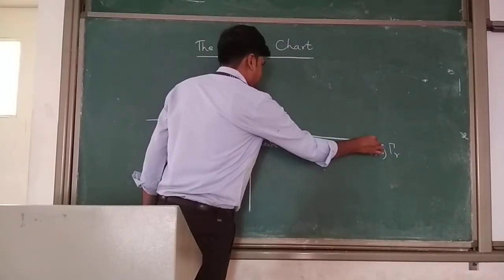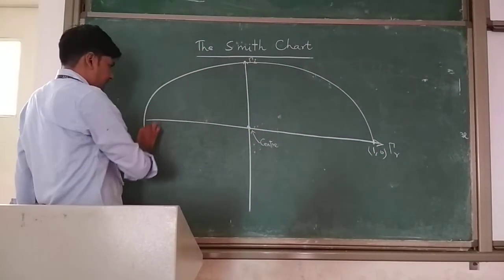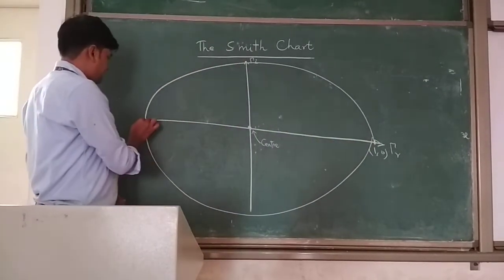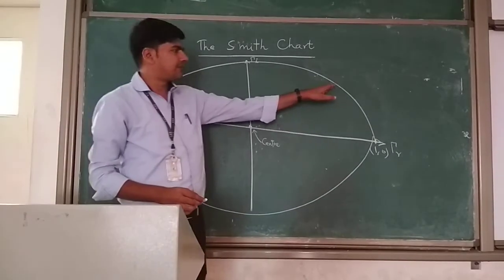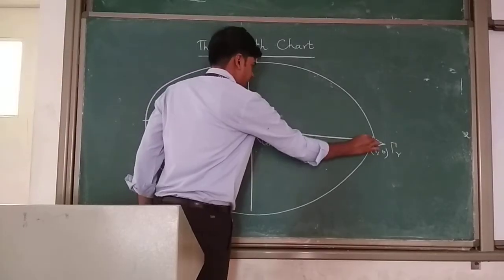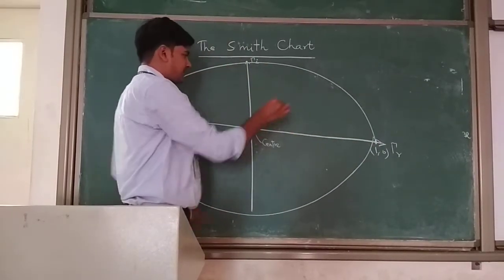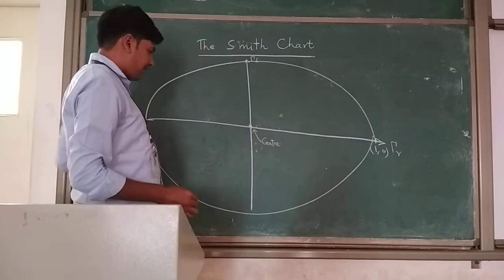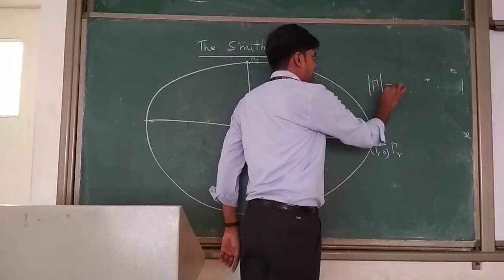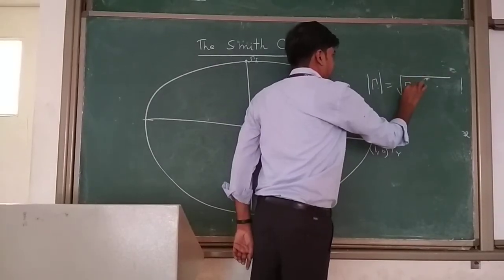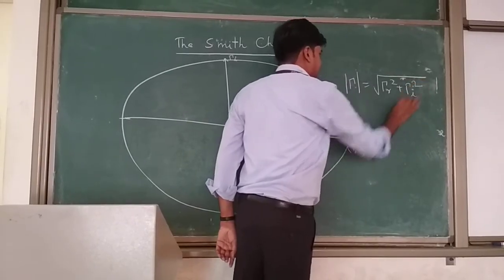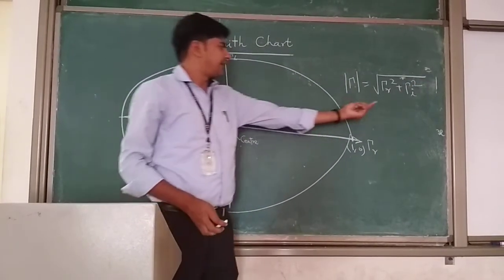And then we can make a circle that represents the maximum magnitude of the reflection coefficient, which is 1. If you take a circle, that means it is 1 at every point. The magnitude of the reflection coefficient equals the square root of gamma r squared plus gamma i squared, which represents a circle.